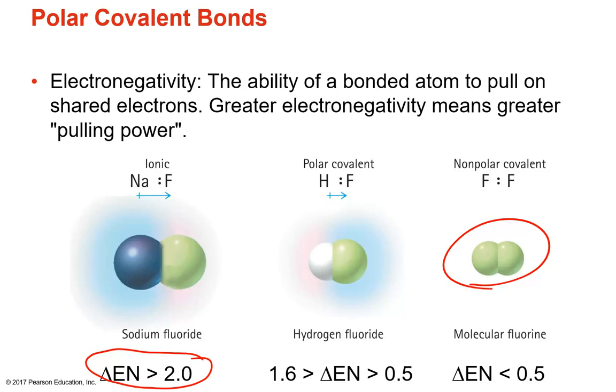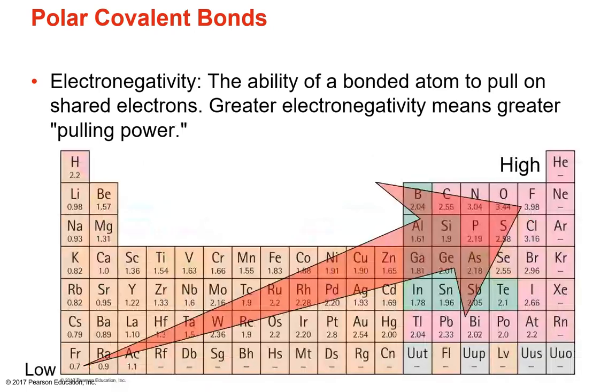The difference in them is less than 1.6, so it's going to be a polar covalent. Okay. Are we gonna have to figure out the electronegativity? You would have a table with it. You're not going to have to try to calculate what they are. It's going to say what each one is? Yeah. Okay, cool. That was my concern.